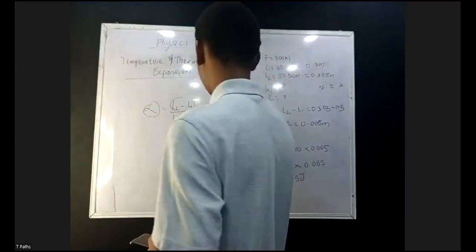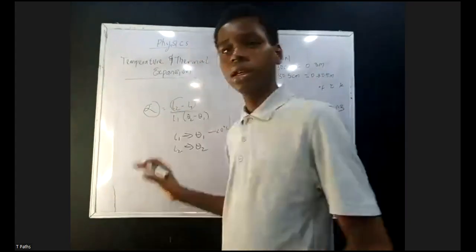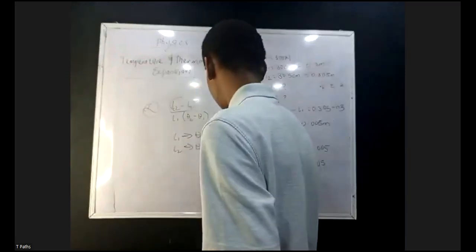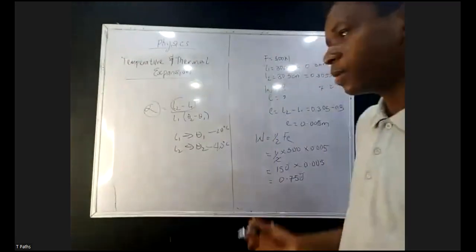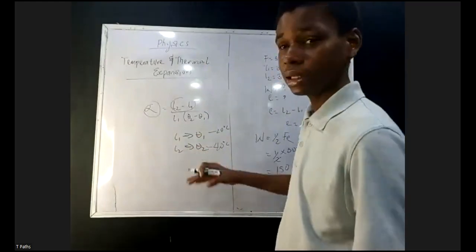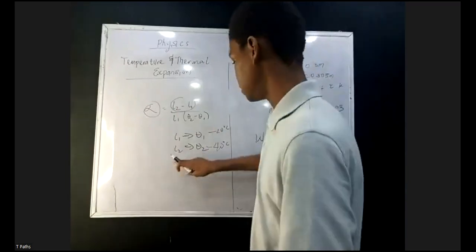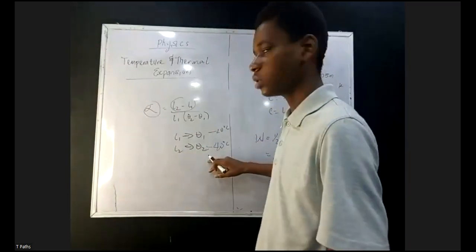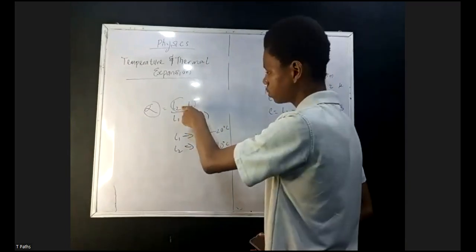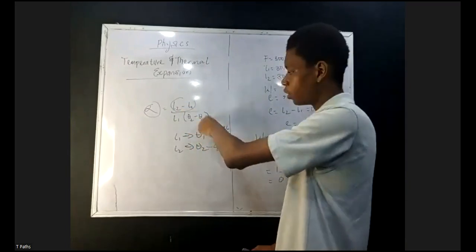So let me say this is 20 degrees Celsius. The length of that material is L1 at 20 degrees Celsius. Now, at 40 degrees Celsius, the length of that material has increased probably by 0.01 meter or something. So the length became L2 at a temperature of 40 degrees Celsius. Theta 2 is my temperature at L2, while theta 1 is my temperature at L1.